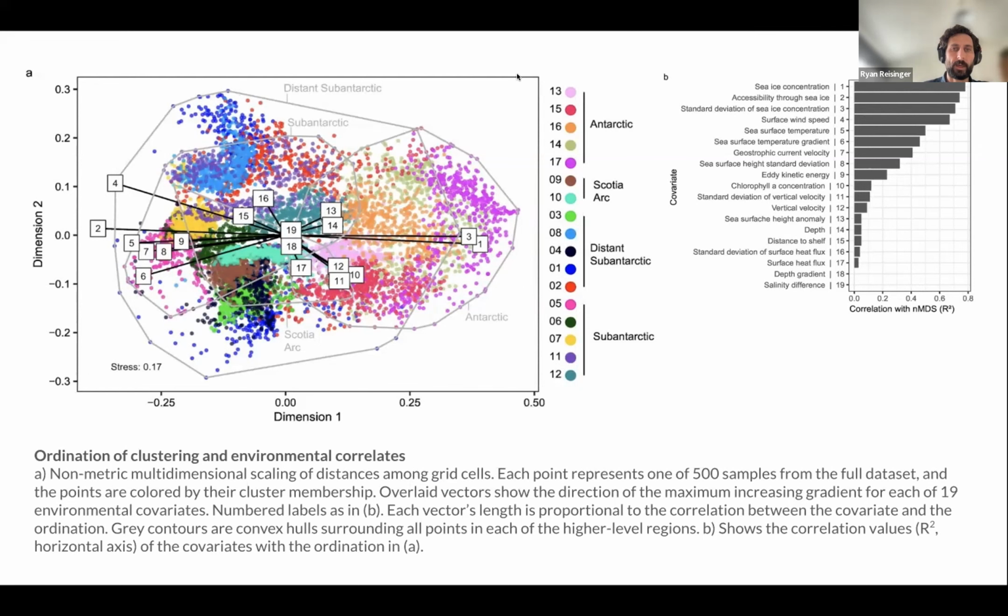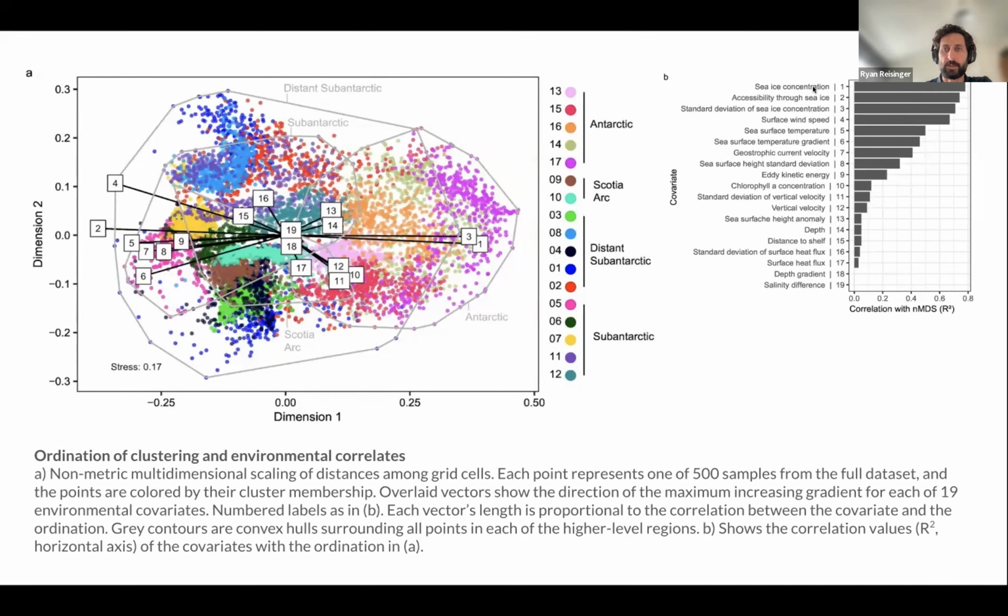Then we can look at the correlation of the environmental covariates with that ordination. Each of these vectors on the NMDS plot represents a single environmental covariate, and the labels in the boxes refer to the labels on this panel. This panel shows the correlation of each vector with the ordination.